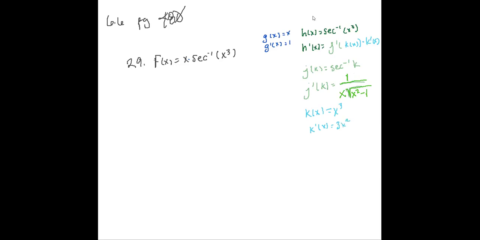And we smash it all together so that we can say that h prime is equal to 1 over, these shouldn't be x's, these should be k's here, just because that's the language that we're using. So this is going to be 1 over, now it's x cubed.